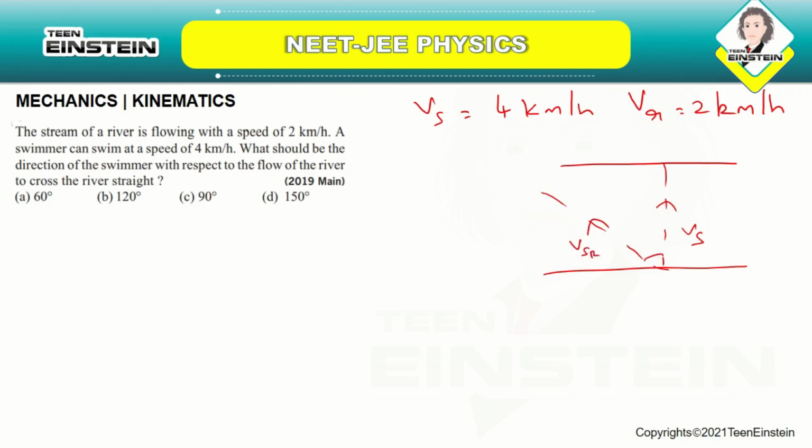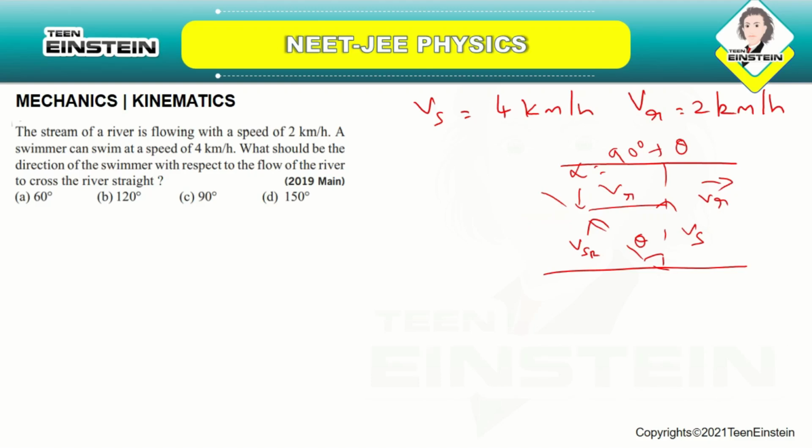The angle is theta and this is the velocity of the river, VR. So, here alpha will be equal to 90 degree plus theta. So, the angle of the swimmer with the flow of the river is alpha as shown in the figure.